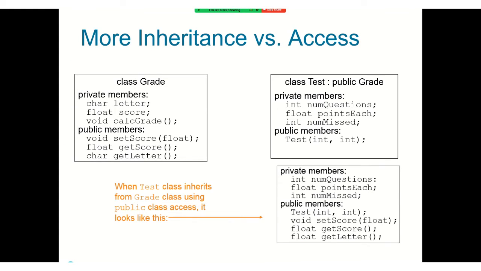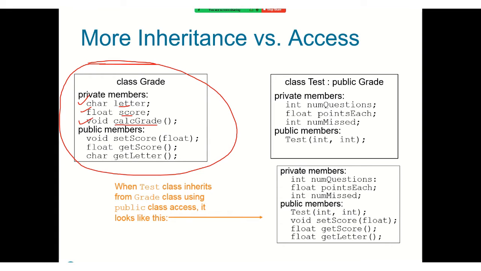So you have a class Grade, for example. You can see that you have private members such as letter, score, and calculate grade. Those are the private members. The first two are variables or member attributes, and calculate grade is a private member function.